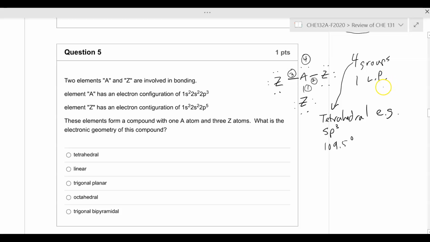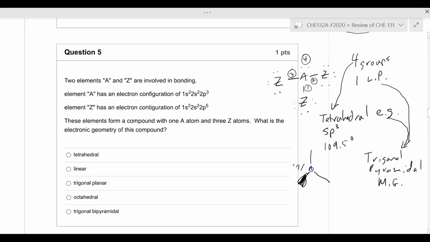The fact that it has 1 lone pair and a tetrahedral electronic geometry tells us we're going to have a trigonal pyramidal molecular geometry. So what the tetrahedron looks like is we have 2 lines that are in the plane, a wedge here showing one coming out, and then a dash going back.